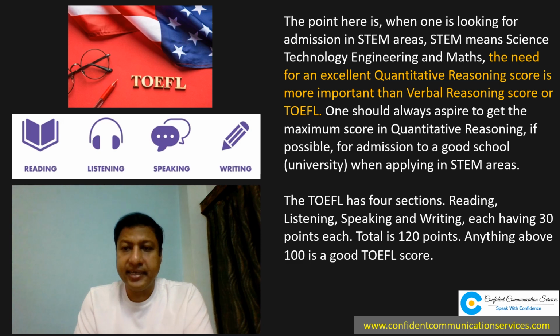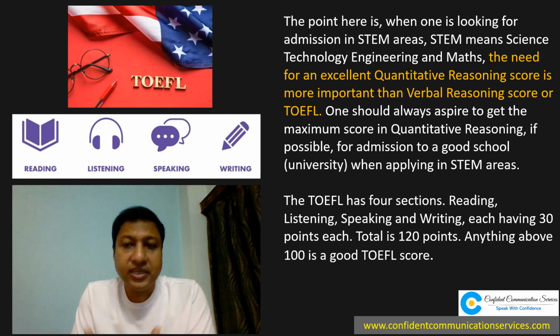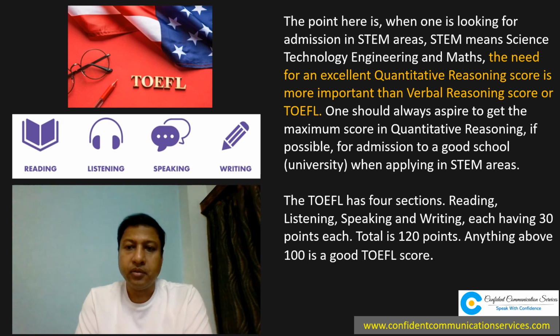The point here is, when one is looking for admission in STEM areas, STEM means science, technology, engineering, and mathematics, the criteria for a good quantitative reasoning score is more important. One should always aspire to get the maximum score in quantitative reasoning, if possible, for admission to a good school or university, as they call it.